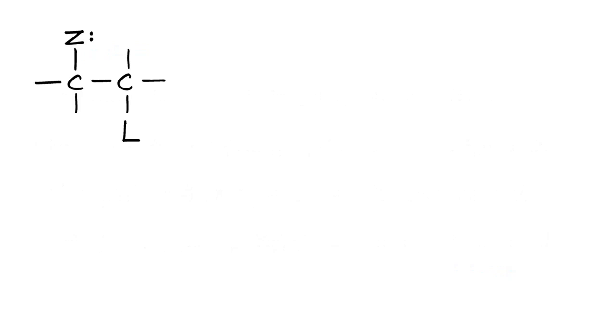Suppose we have a molecule containing a leaving group and one atom or group which contains a lone pair of electrons. In the molecule, the atom containing the lone pair of electrons may attack this carbon like this, and the leaving group will be eliminated as L minus. So in this reaction, a simple SN2 reaction takes place, but this is an intramolecular SN2 reaction.